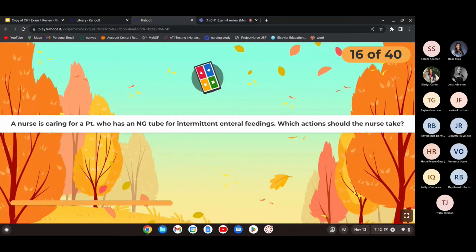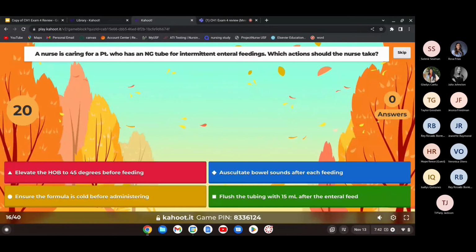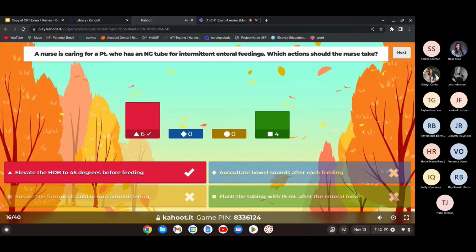A nurse is caring for a patient who has an NG tube for intermittent enteral feeds. Which of the following actions should the nurse take? Awesome.